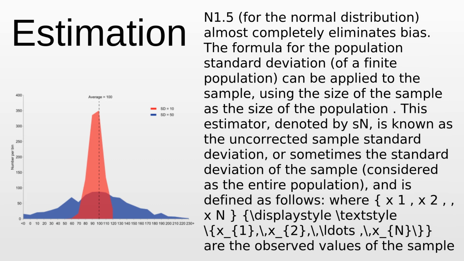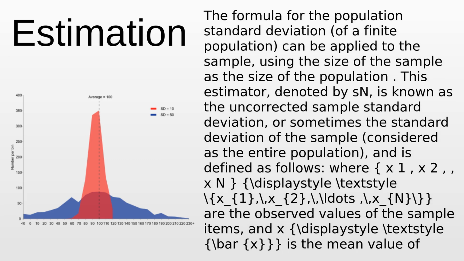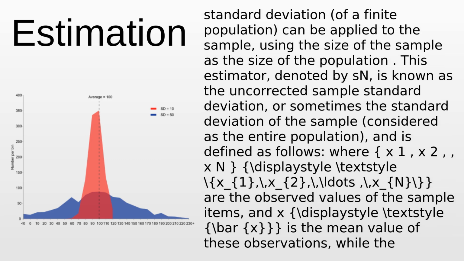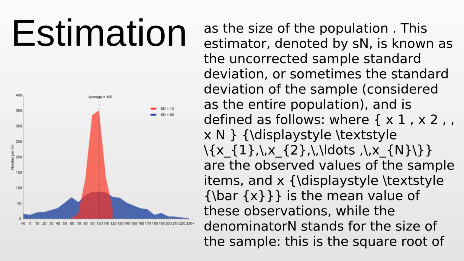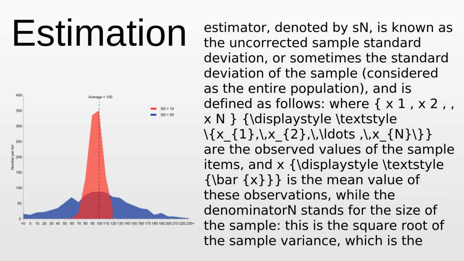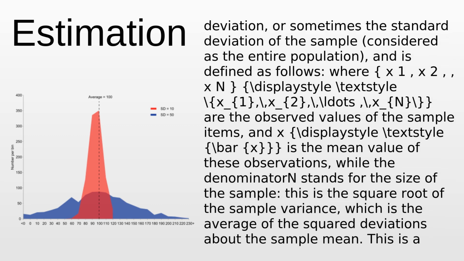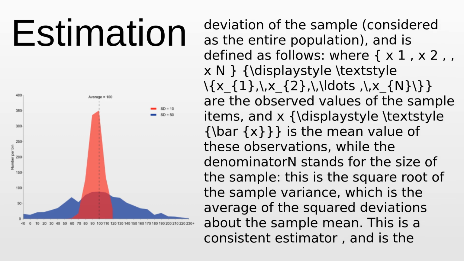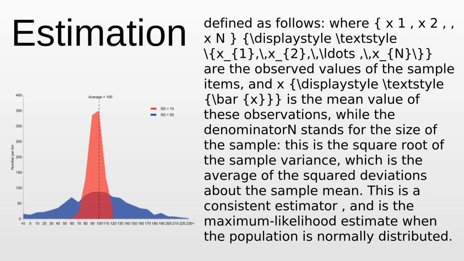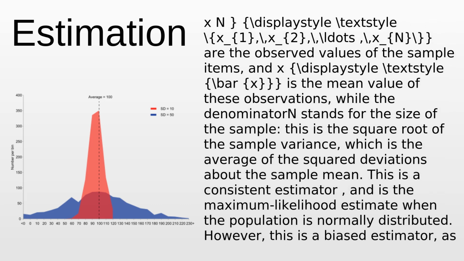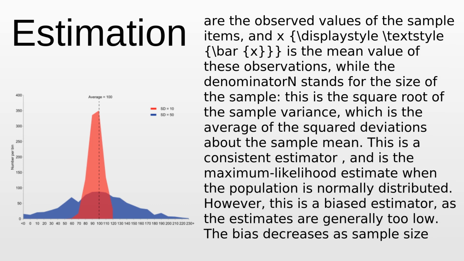This estimator, denoted by S_n, is known as the uncorrected sample standard deviation, or sometimes the standard deviation of the sample, considered as the entire population, and is defined as follows, where {x_1, x_2, ..., x_n} are the observed values of the sample items, and x̄ is the mean value of these observations, while the denominator n stands for the size of the sample.